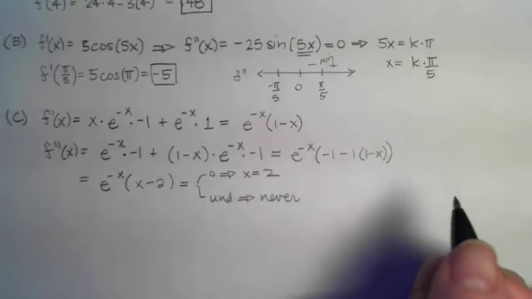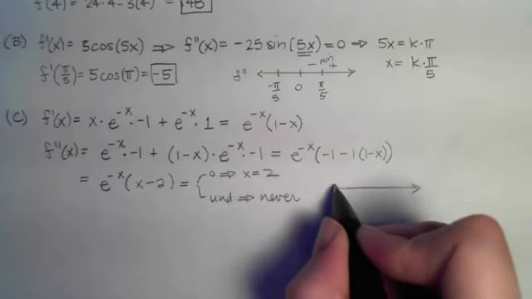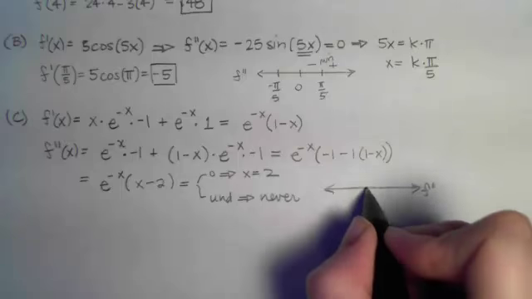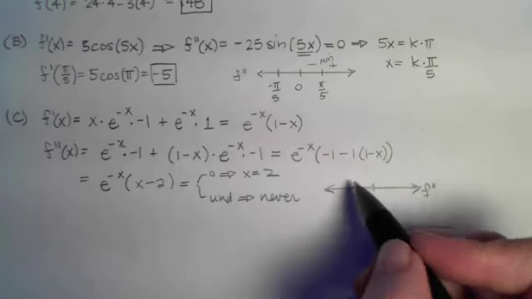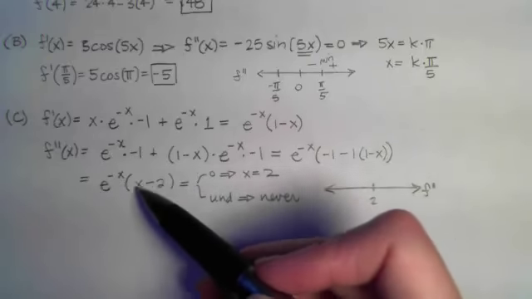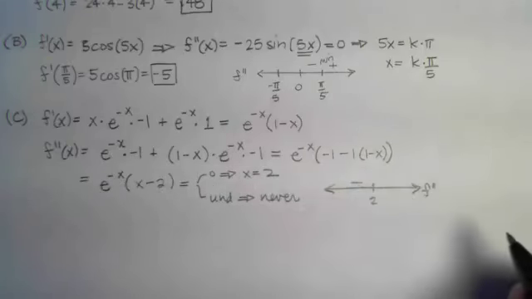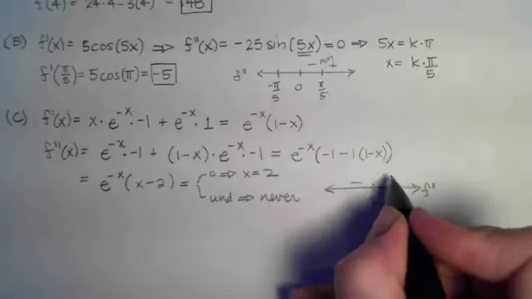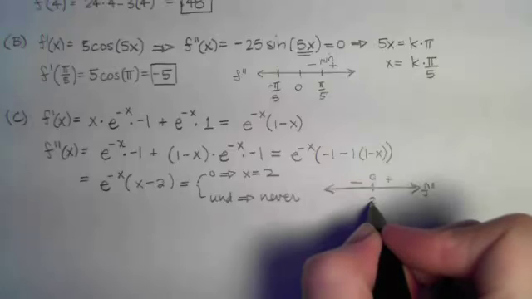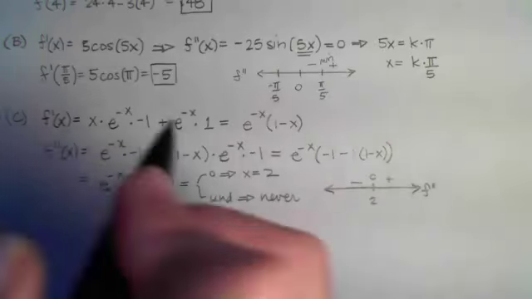So let's verify that that's the location of a min. So I'm looking at f double prime, plugging in a number smaller than 2 and bigger than 2. If I plug in 0, let's say, this would be a 1, and that will be negative. If I plug in a 3, this will still be positive, and this will be positive. So I got a min at 2. The question is, what's the minimum value of the derivative?